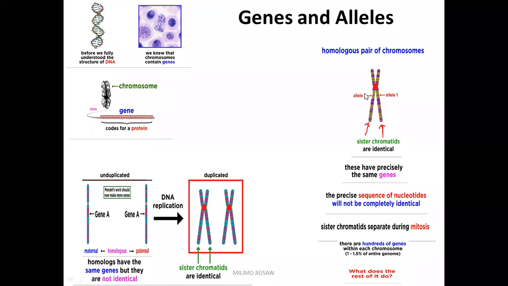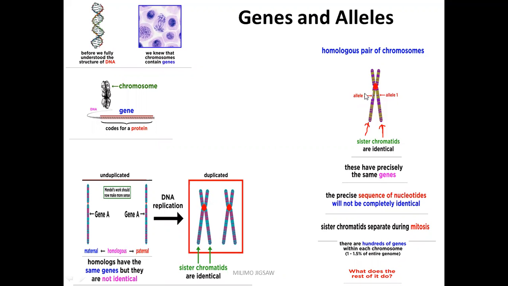These actually control contrasting characters of the same trait. Usually they exist in 2 different forms.